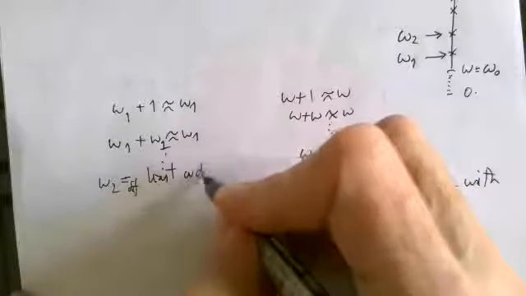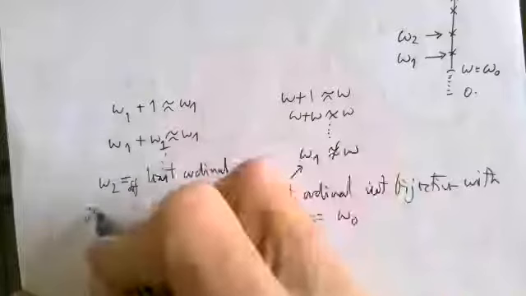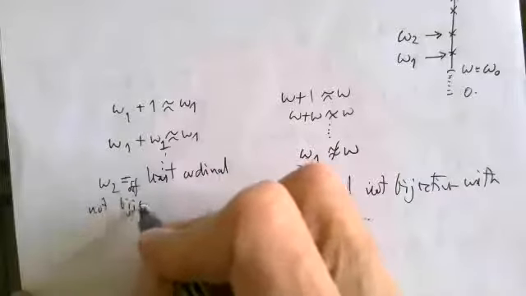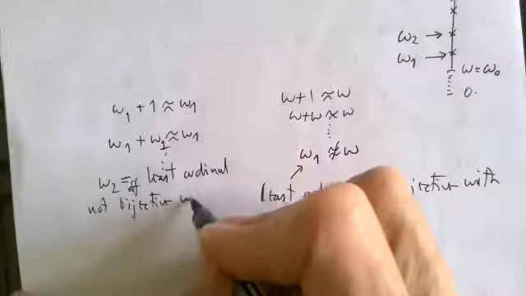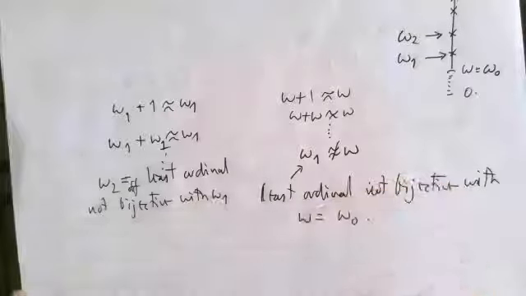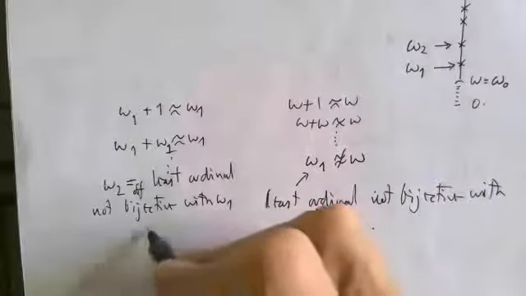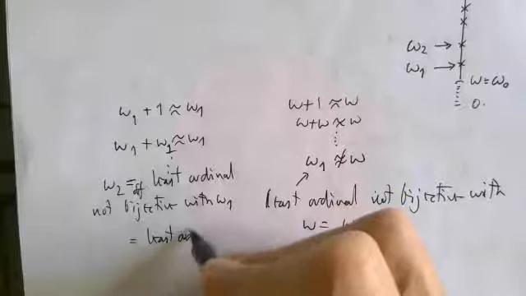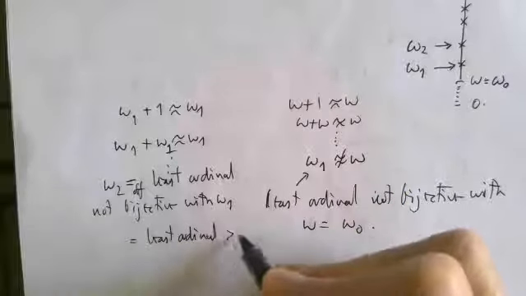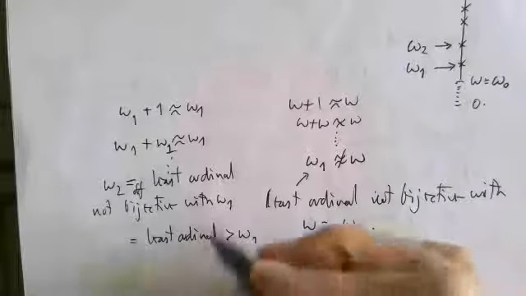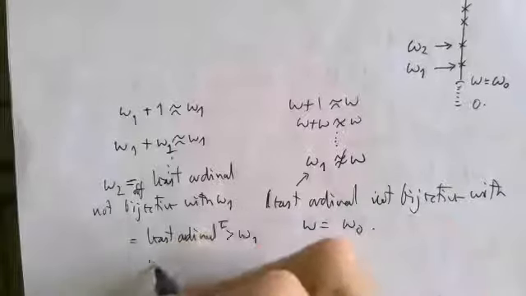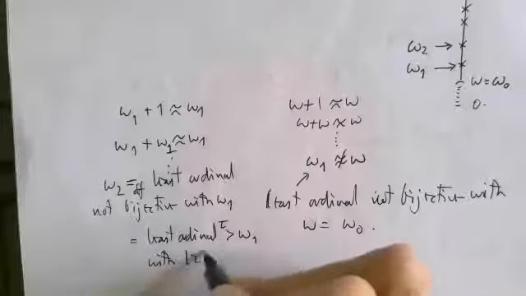So the least ordinal not bijective with omega 1. Right? So this is the least ordinal tau bigger than omega 1, which is a cardinal.